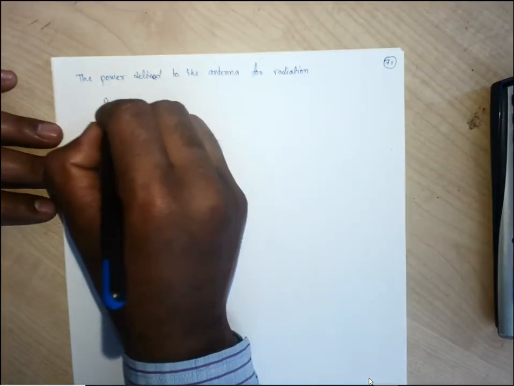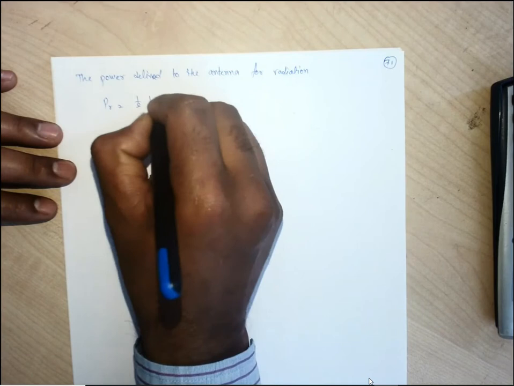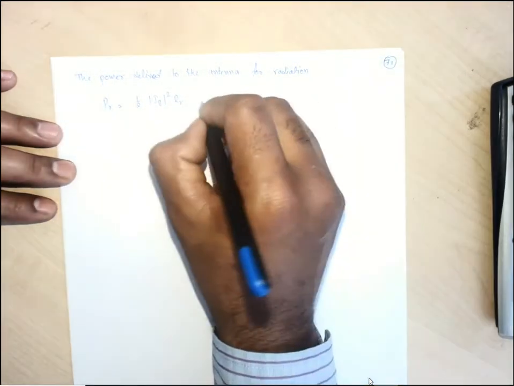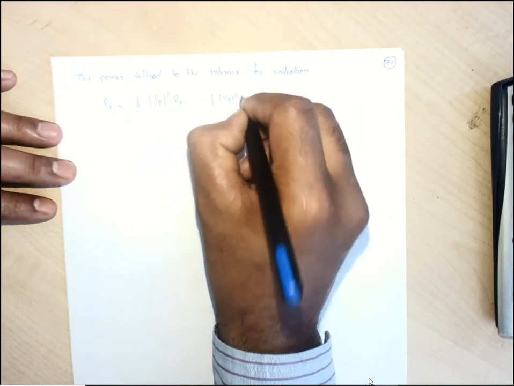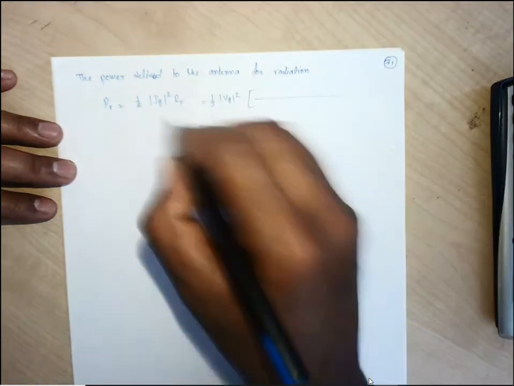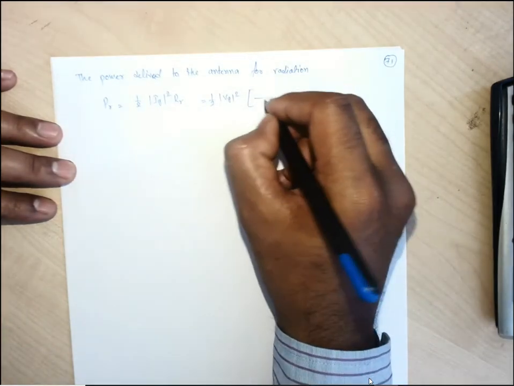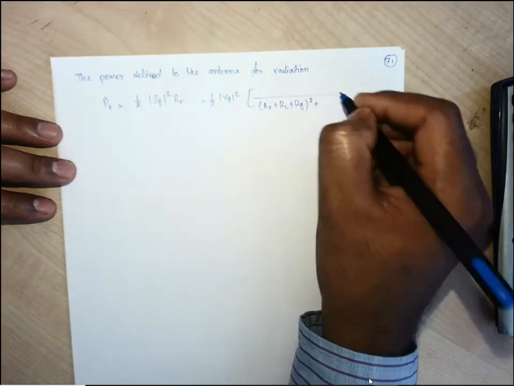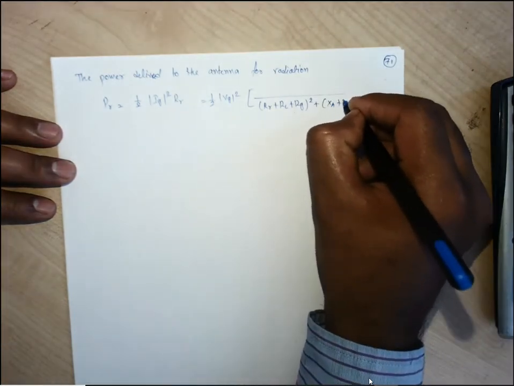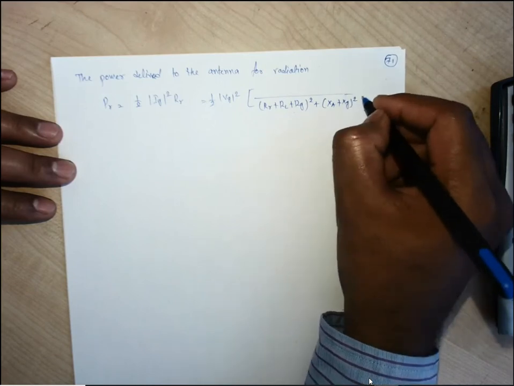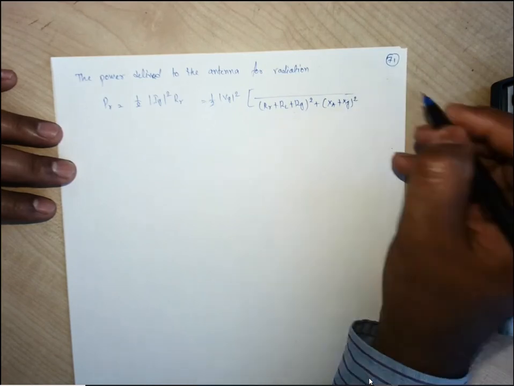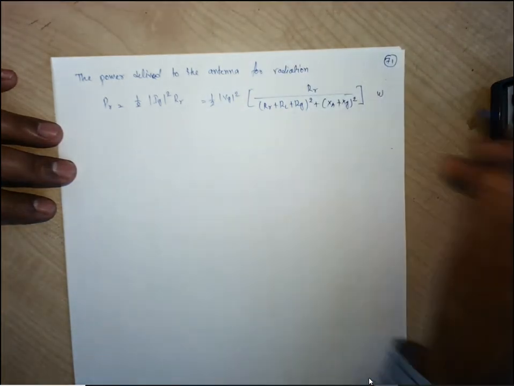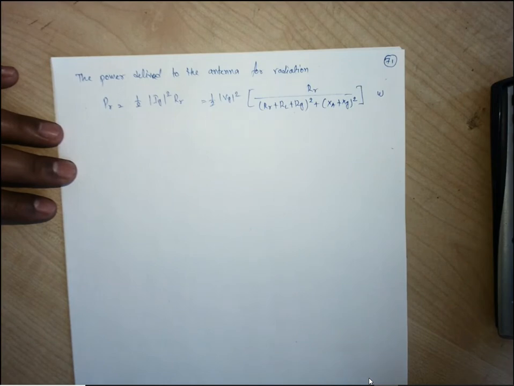That is PR is equal to half mod Ig square into RR. So that is half of mod Vg square by the total impedance square, that is RR plus RL plus Rg whole square plus Xa plus Xg whole square. The square root will get cancelled, multiplied by RR. That is the amount of power given to the radiation resistance.